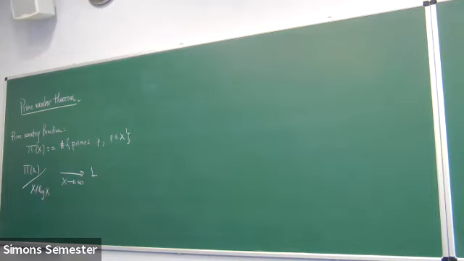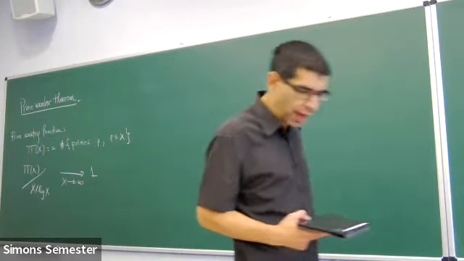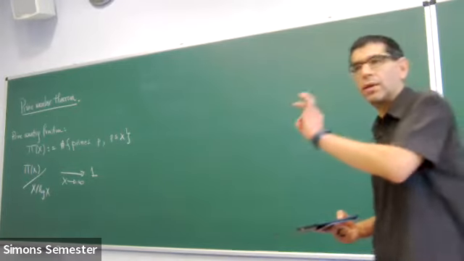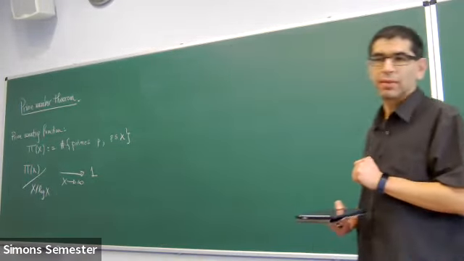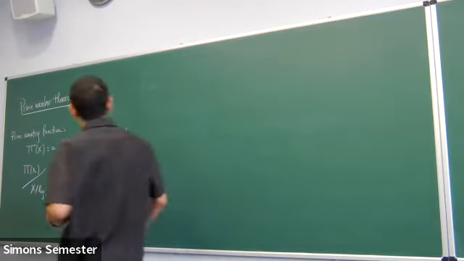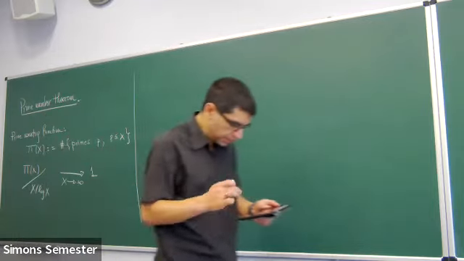Or you could also interpret this as follows: if you take some large x, and you want to pick an integer at random between 1 and x, then the probability that that integer is a prime number is roughly equal to 1 over log of x, because that's the content of the prime number theorem.